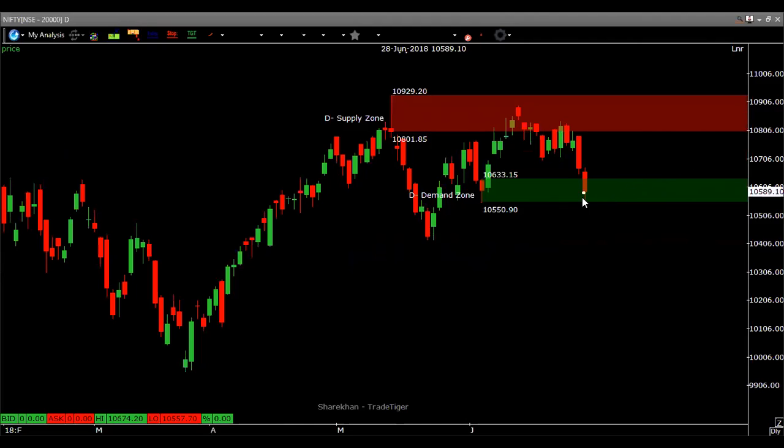But if on Friday, that's tomorrow, the prices come below this, then I would consider this demand as violated, and I would not consider it for my analysis anymore. All I do is then go lower to find the next area of demand.